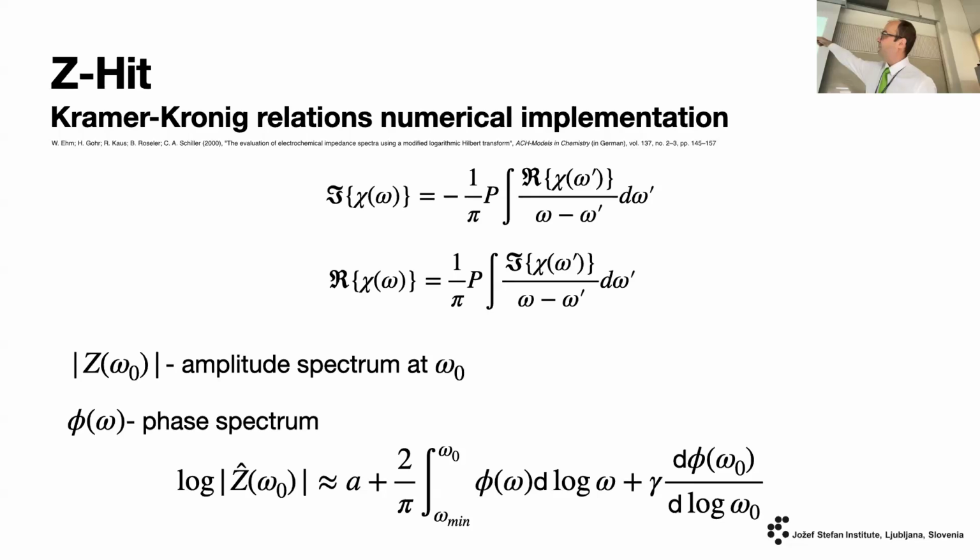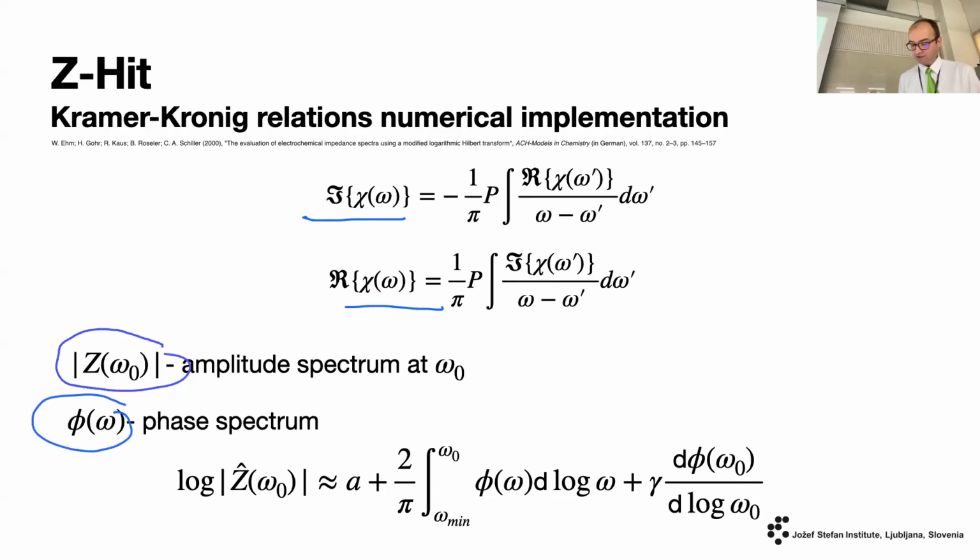You have the paper in the subtitle. What these guys developed is, instead of looking at the imaginary and real components, you can look at the amplitude and the phase. And the amplitude and the phase are linked with this equation.